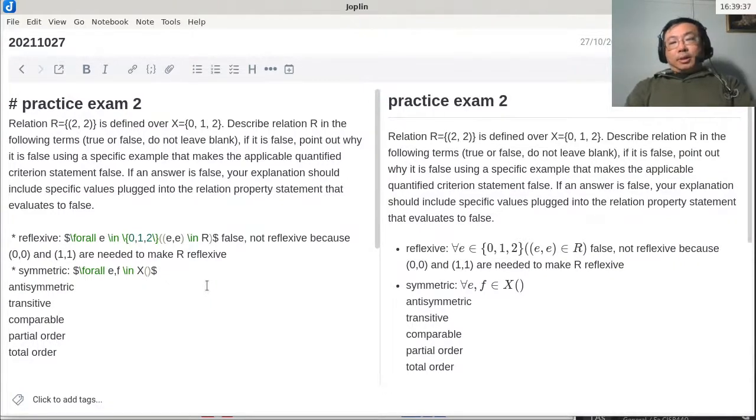This one is a little bit more interesting. The other one is just saying we need these things to be in R in order for R to be reflexive. That's actually not very exciting. This one is a little bit more exciting.